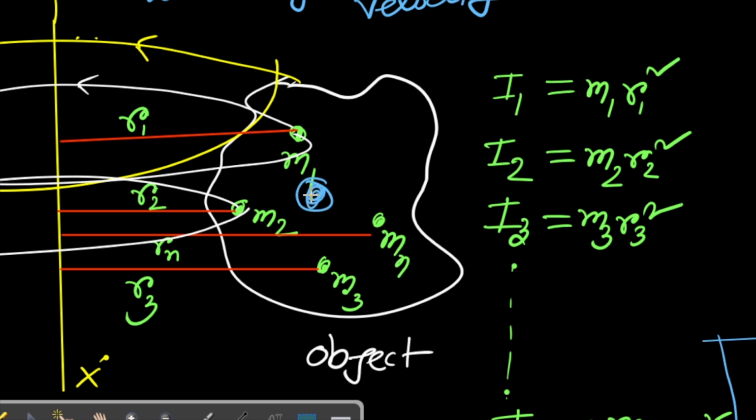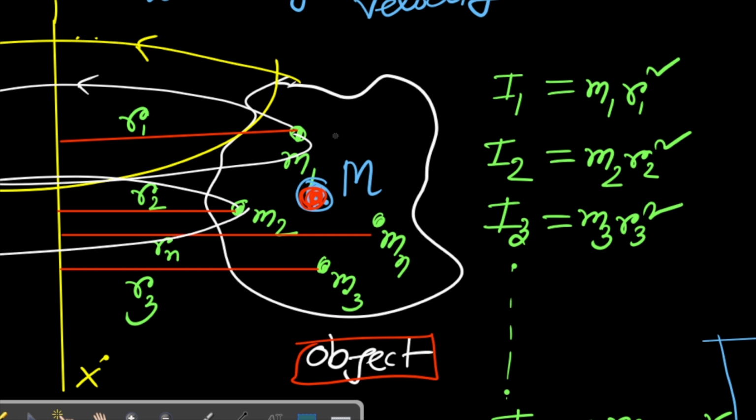We know all the mass of this object is concentrated at this point. The name of this point is center of gravity.